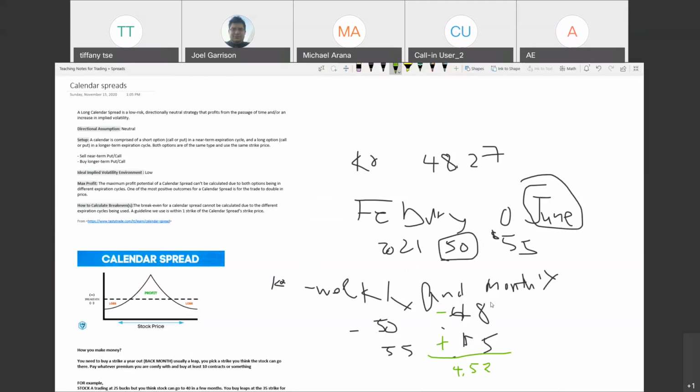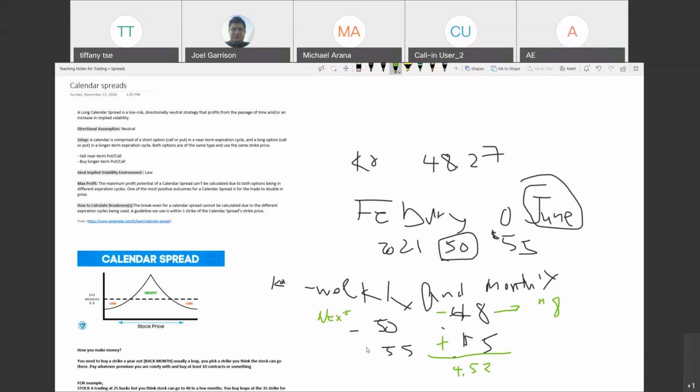However, this right here, if it loses value over time, so you will collect $48. And assuming this is next week's expiration, that's how much you are going to collect if it expires worthless, but you keep the long call.